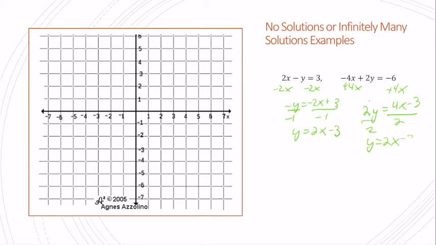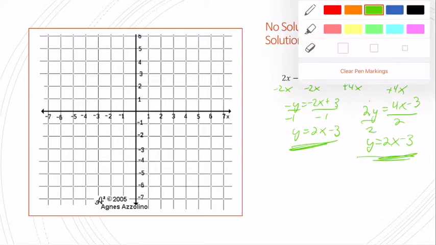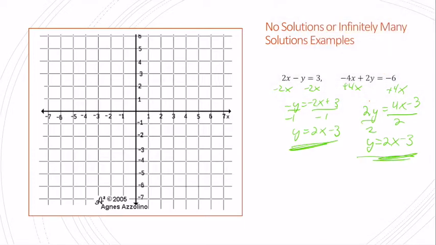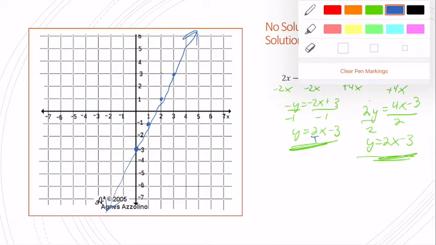I get y equals 2x minus 3. Look, both of these are the exact same line. My slope is 2. My y-intercept is negative 3. Up 2 over 1, right? This is our slope because it's rise over run. So both of these are going to be the exact same line, and that means that there are infinitely many solutions.